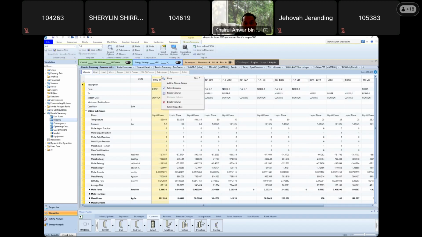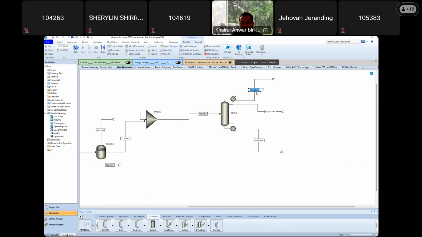Still on the STW. Oh, I forgot to change. This is the distl. Reset and run.